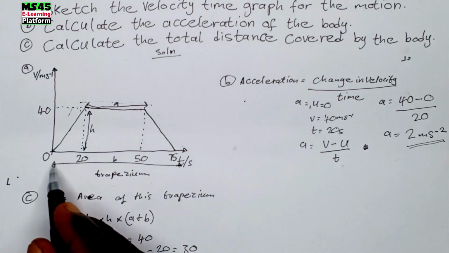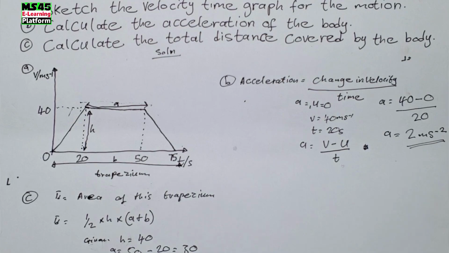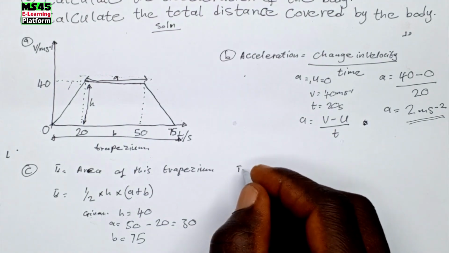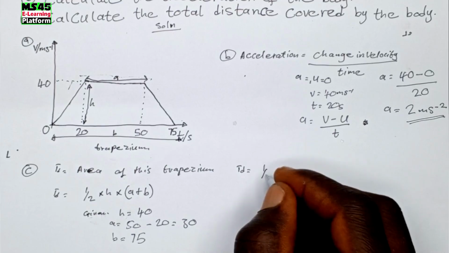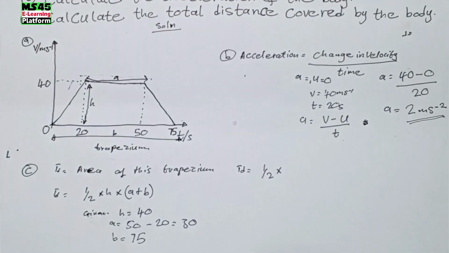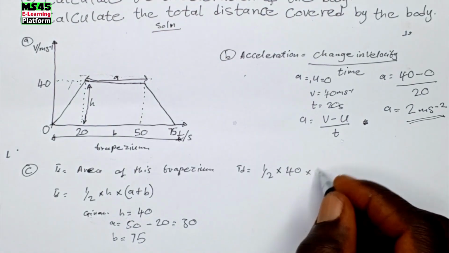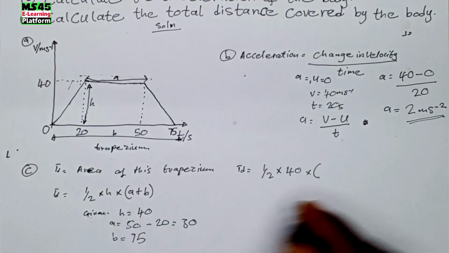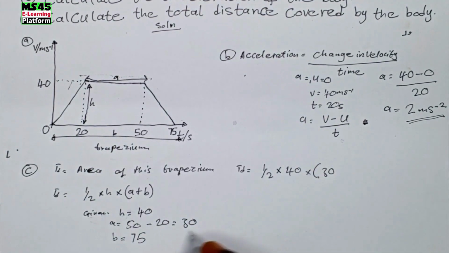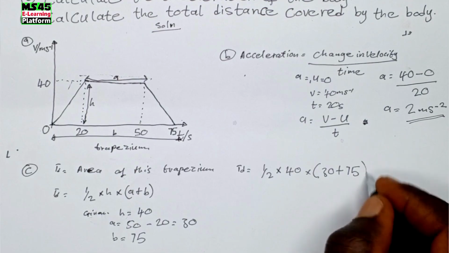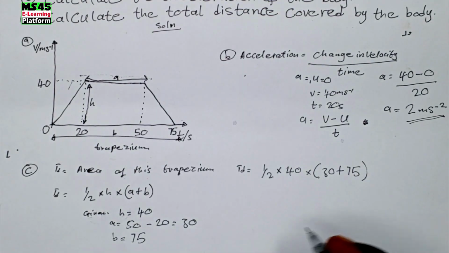And our length from here to here, that is b, will be equal to 75. So therefore our total distance will be equal to half, let's just do substitution, times 40, times you bring your a which is 30, plus b which is 75.